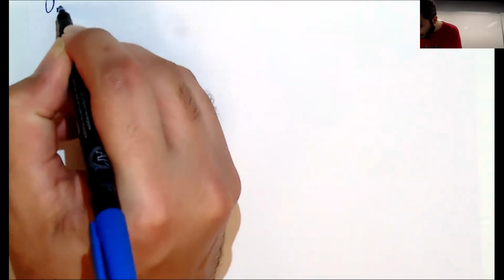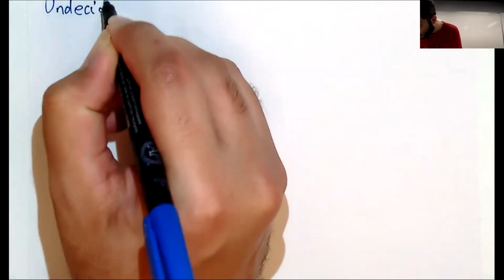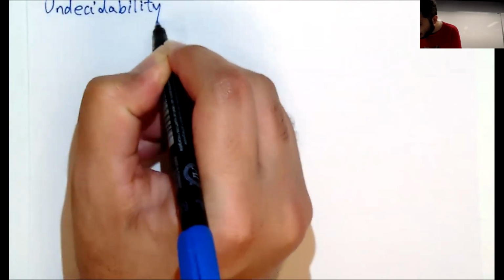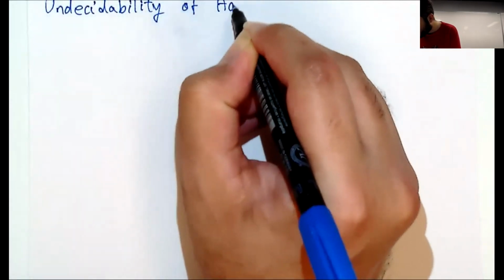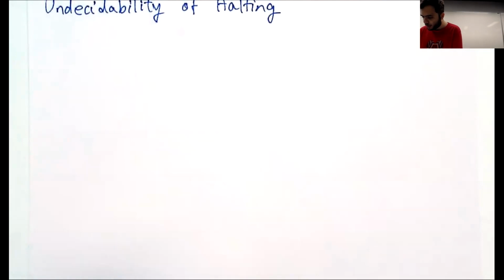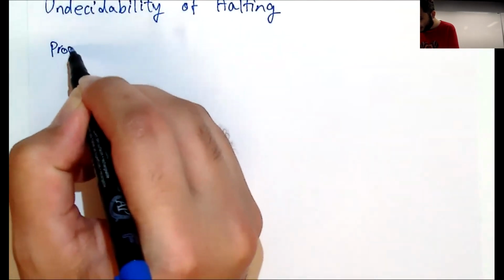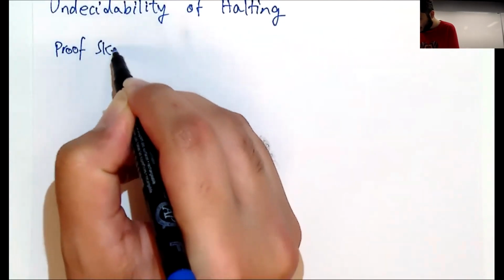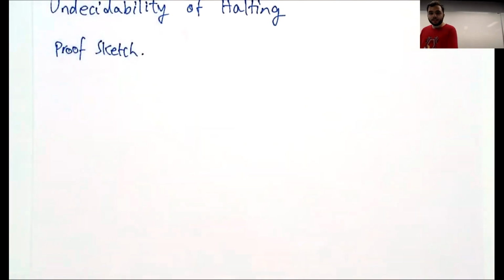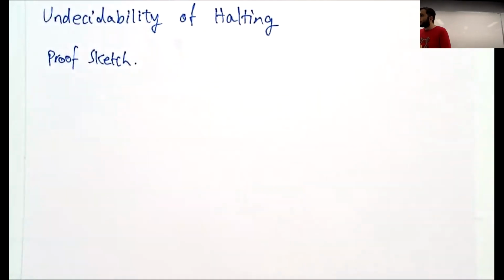Some of you might have seen this before, the undecidability of halting. I'm just going to give a proof sketch. Let's say there is some algorithm or some program that can actually decide halting.